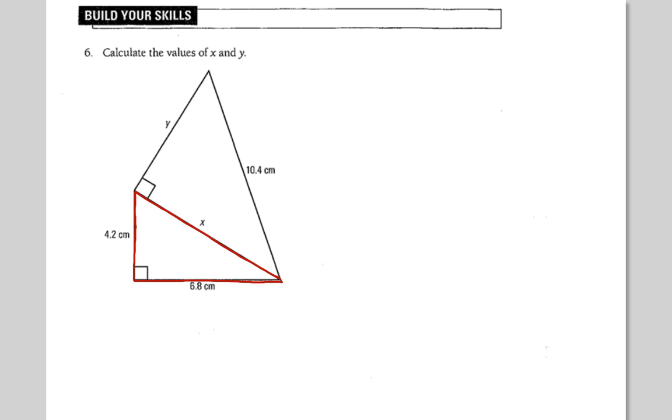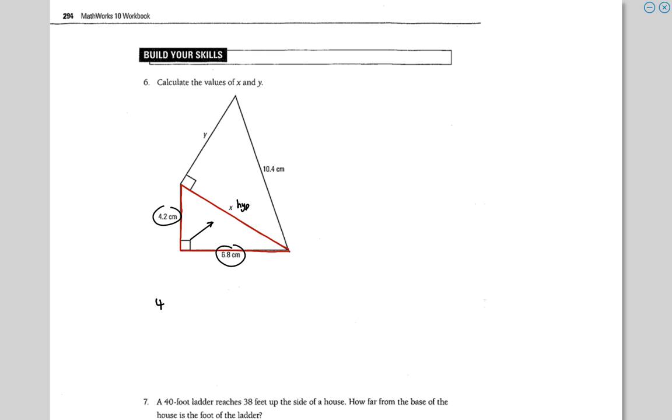I can identify that the hypotenuse is x because it's straight across the 90. And that 6.8 and 4.2 are the two legs. That means that 4.2 squared plus 6.8 squared is equal to x squared.